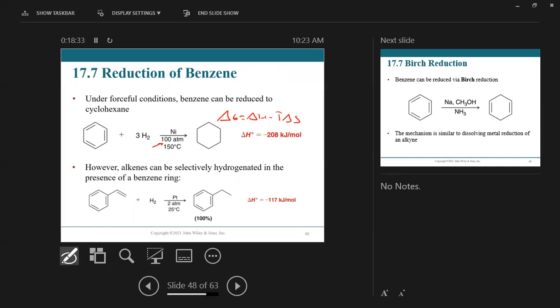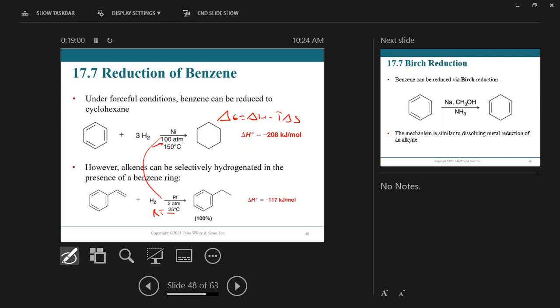It says, however, alkenes can be selectively hydrogenated in the presence of a benzene ring. So here we're not really forcing the conditions. Look at this, this is room temperature, RT. The pressure is not that high. It's just 1 atmosphere above normal, or I should say, 1 atmosphere is right at sea level.